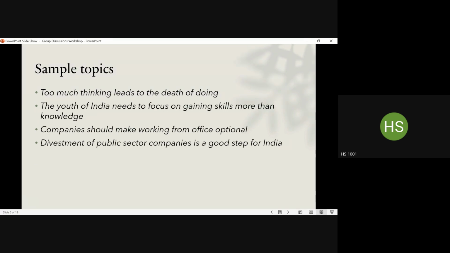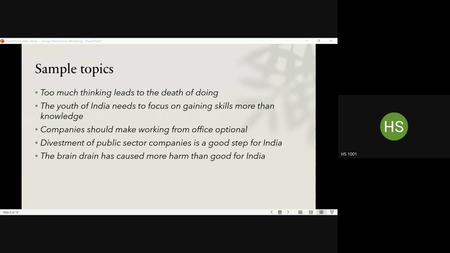Divestment of public sector companies is a good step for India. What kind of a topic is this? Think. Debatable. Argumentative. It can be either. Divestment of public sector companies is a good step for India can either be a general topic or it can be a debatable topic.